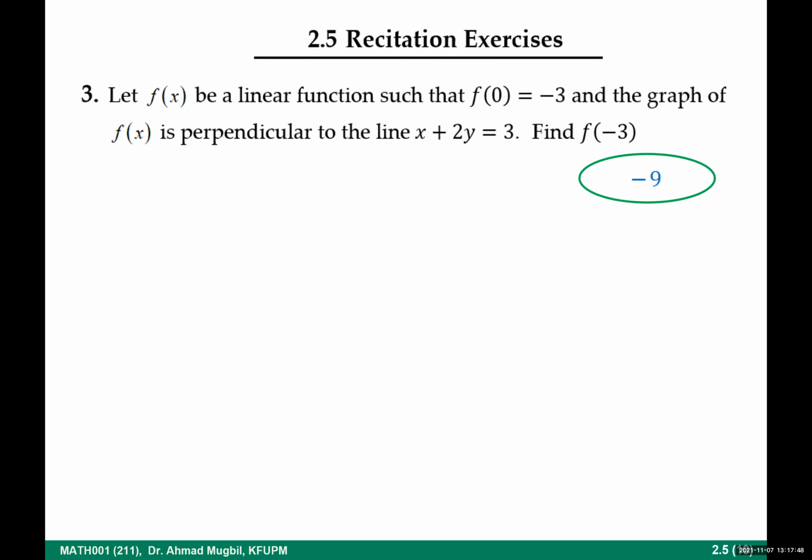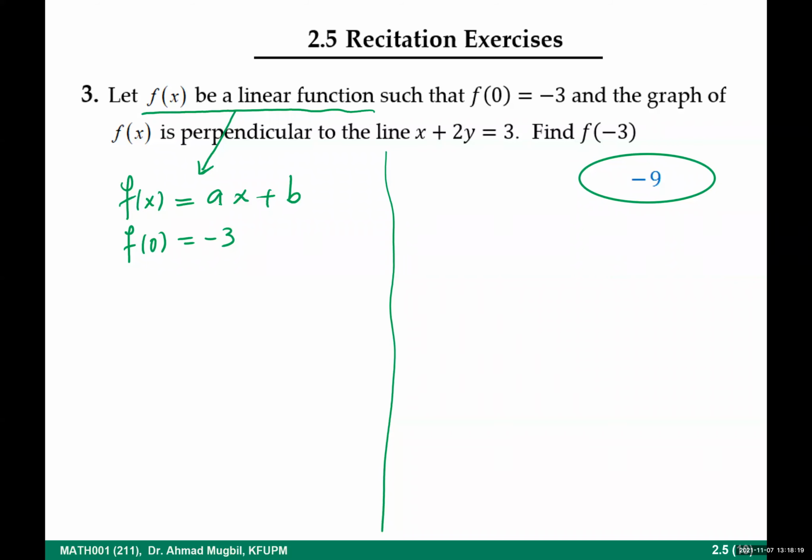So what does it mean when he said that f of x is a linear function? F of x is a linear function means that f of x equals ax plus b. This is the standard form of any linear function. Now f at 0 is -3.